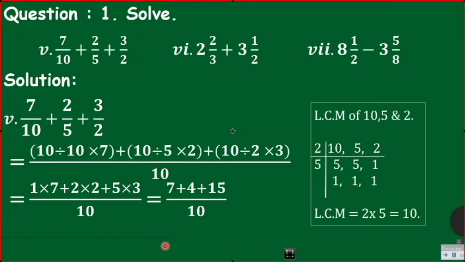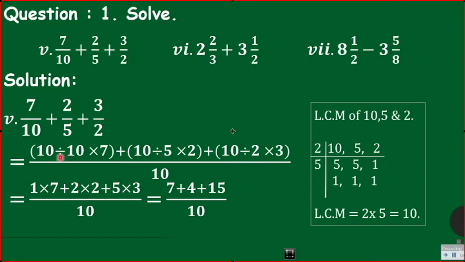If you have any doubt, okay, I'm explaining once again. What we need to do: first we find the LCM, then write the LCM and divide by the denominators. 10 divided by 10, 10 divided by 5, 10 divided by 2, and multiply with the numerators: multiply 7, multiply 2, multiply 3.